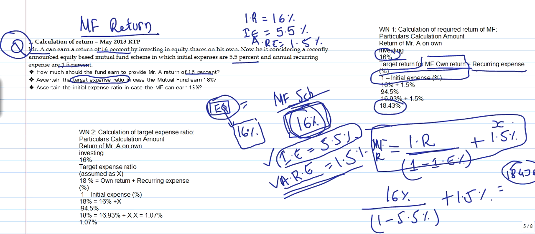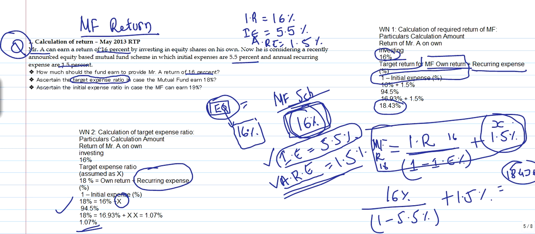Mutual fund return here is 18, own return 16. You have to apply everything the same, but you have to calculate this one, same concept. Here is the solution: own return plus recurring expenses, divided by 1 minus initial expenses. So x is found, you will get 1.07 percentage.